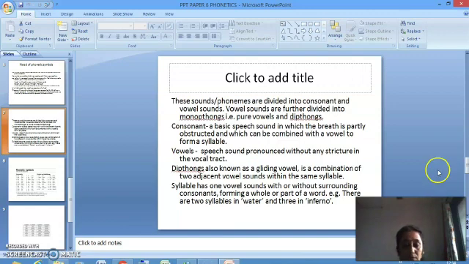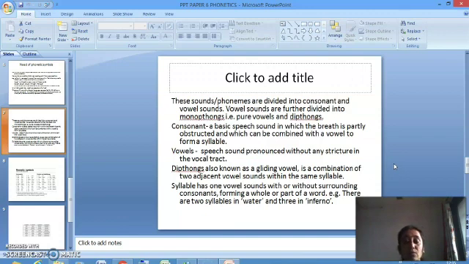So what is a consonant? You might have known this. It is a part of your 12th or 10th syllabus. You might have studied it in school. This is not new to you. So what is a consonant? A basic speech sound in which the breath is partly obstructed and which can be combined with a vowel to form a syllable.